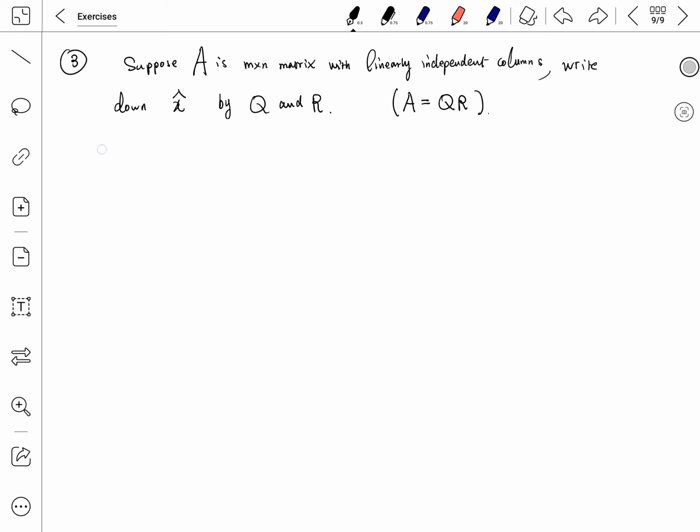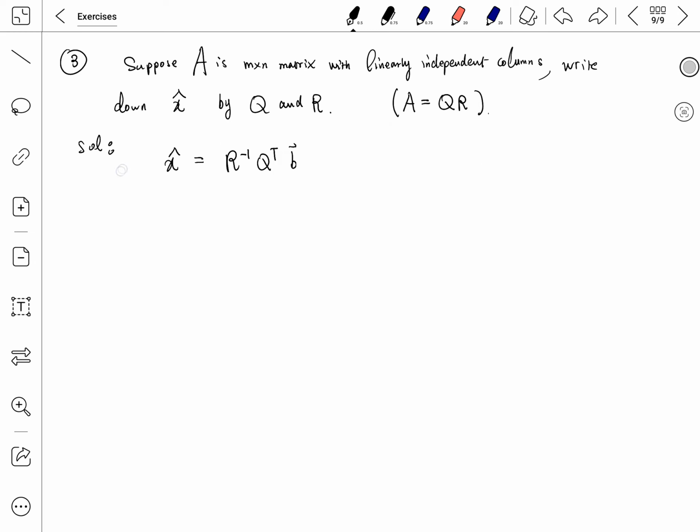Okay. Solution. So X hat would be R inverse Q^T B, because you just put it into your solution, you will see that it satisfies that least square problem.